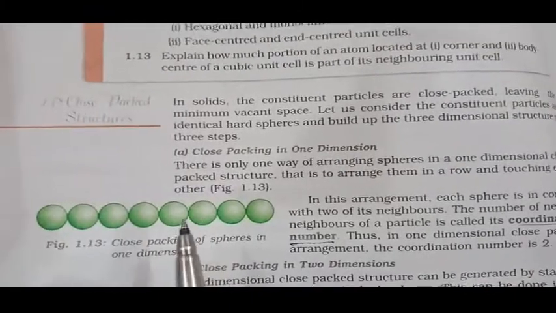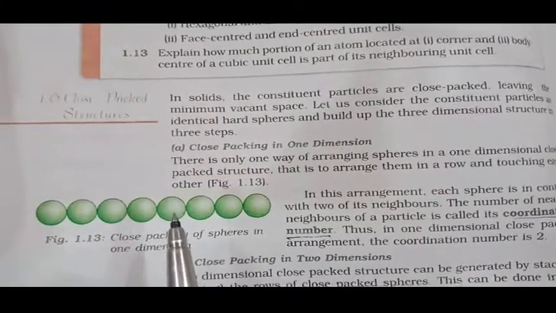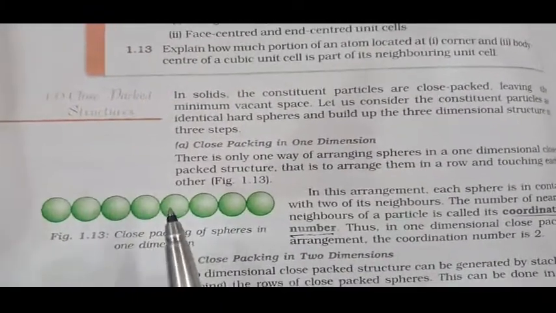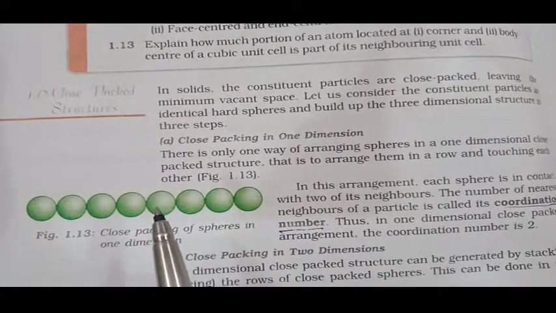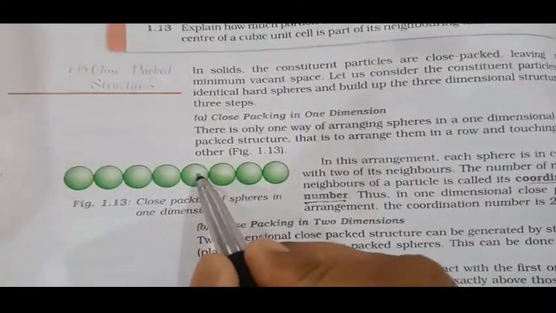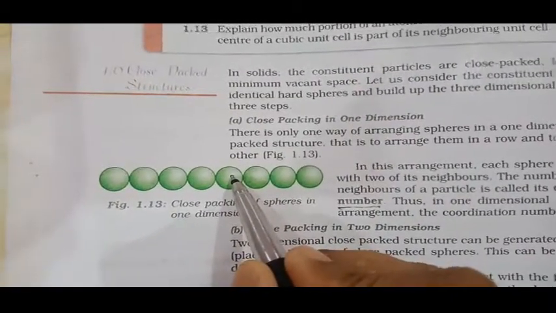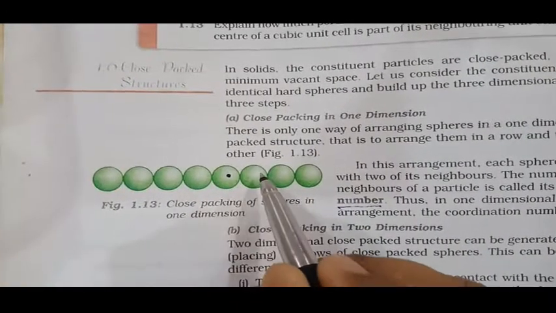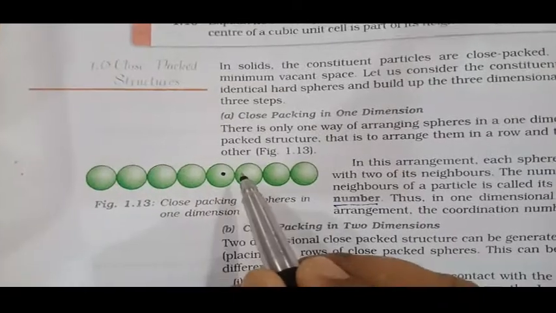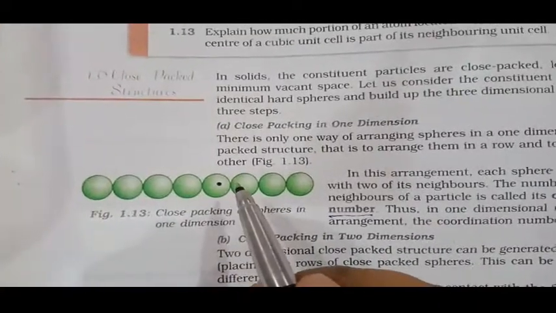In this kind of packing, the coordination number of each and every sphere is 2, because the neighboring constituent particles which are in direct contact with each other are 2. For example, if you are talking about this constituent particle, the coordination number is 2 because the neighboring particles are only 2 in number.